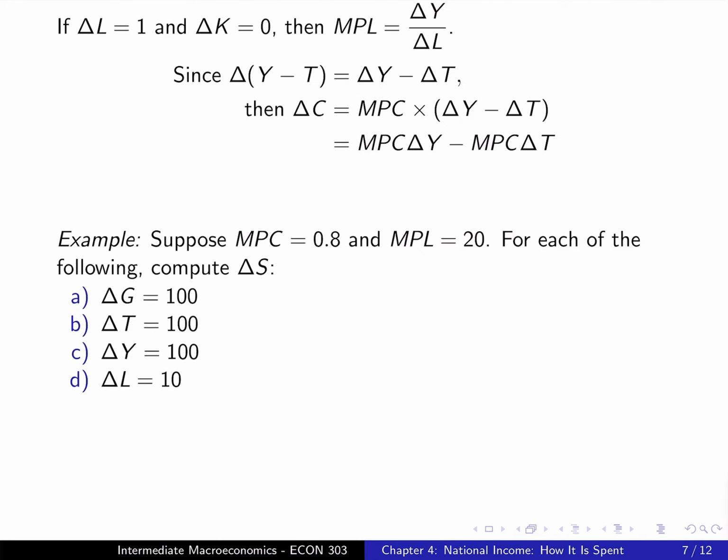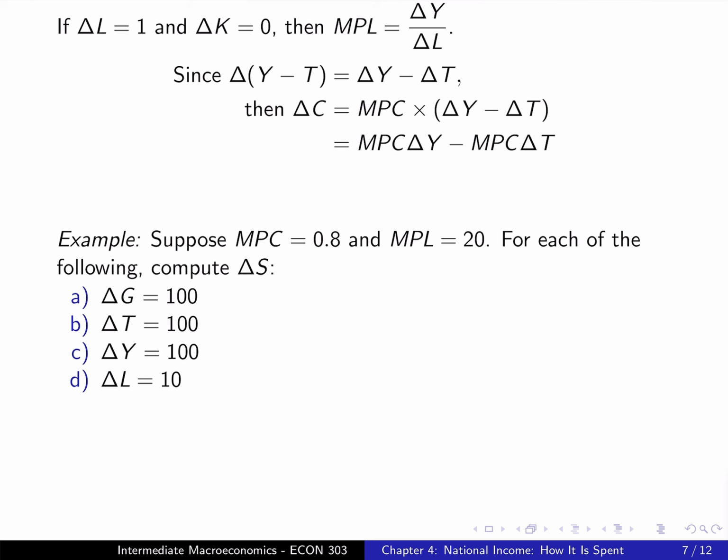Let's consider how changes in various economic variables affect national saving. Assume labor increases by 1 unit and capital remains fixed. Delta L equals 1, delta K equals 0.